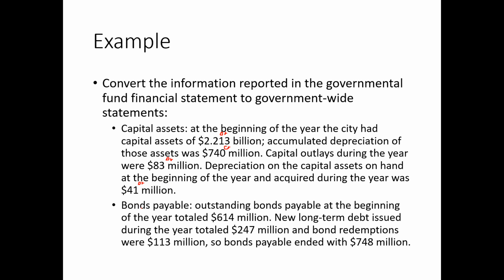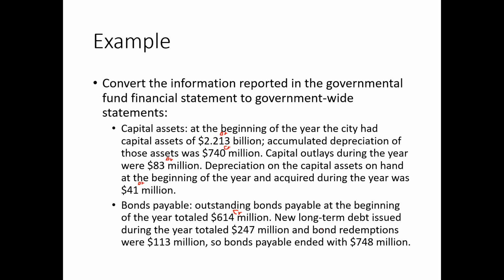And adjustment for bonds. Outstanding bonds payable at the beginning of the year were 614 million. These are not shown on the governmental funds statement, so we're going to add them back. We're going to credit bonds payable, then debit net position.